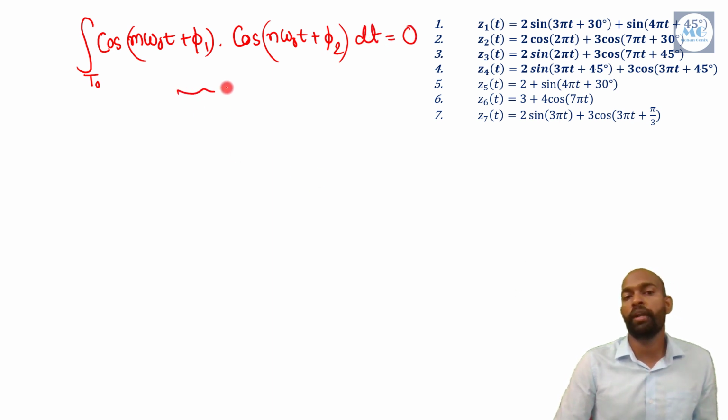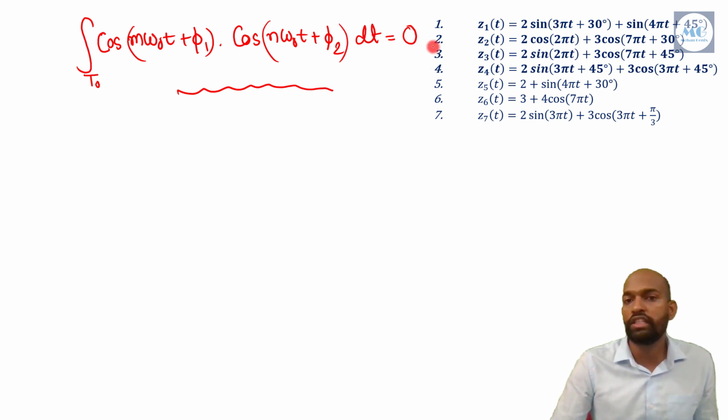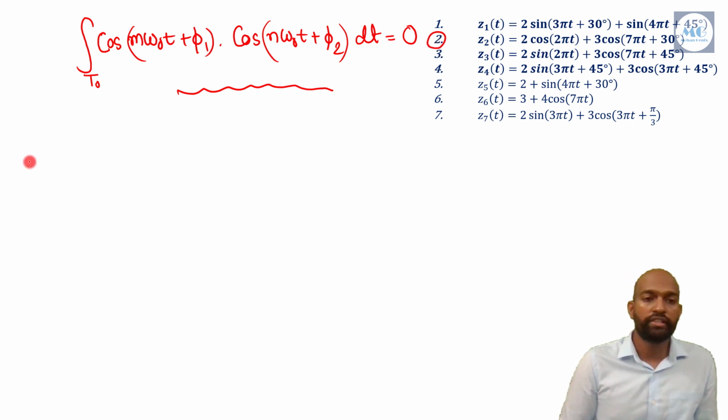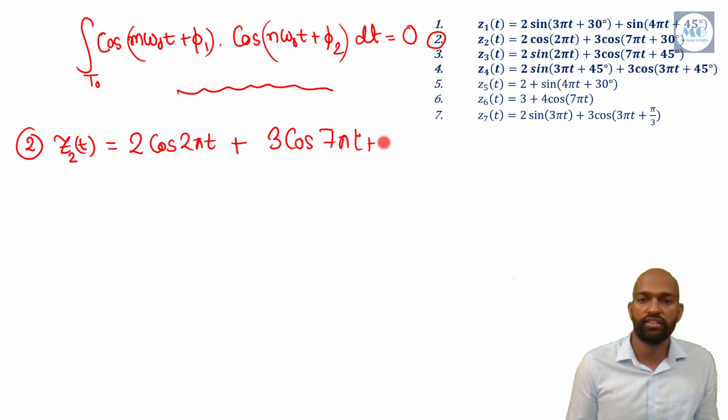This is our trigonometric formula. So applying this formula and using the concept of orthogonality, we will solve the second question. The second question is z2(t) is equal to 2 cos(2 pi t) plus 3 cos(7 pi t plus 30 degrees).